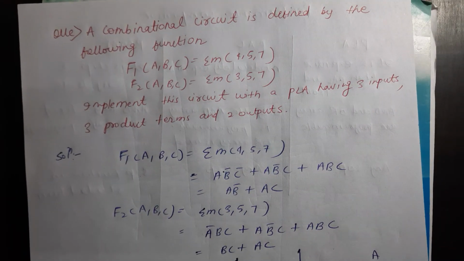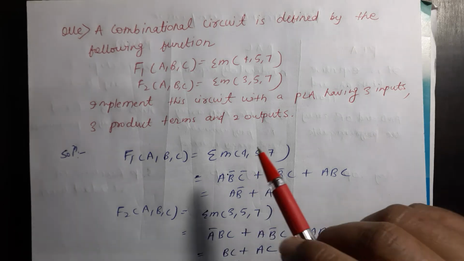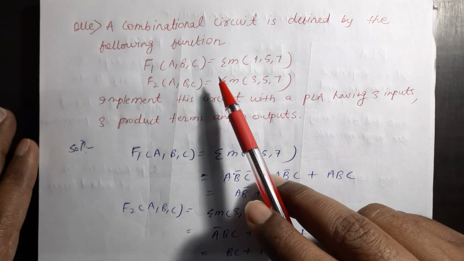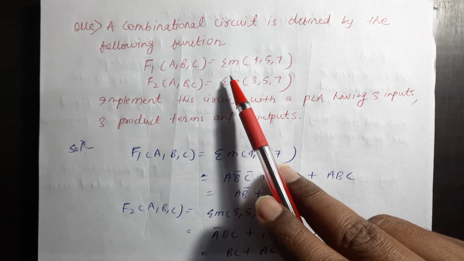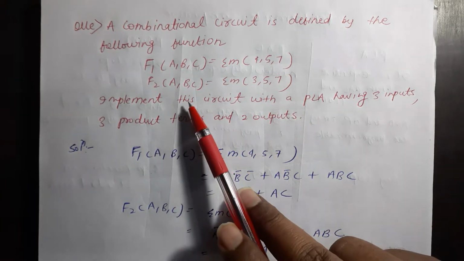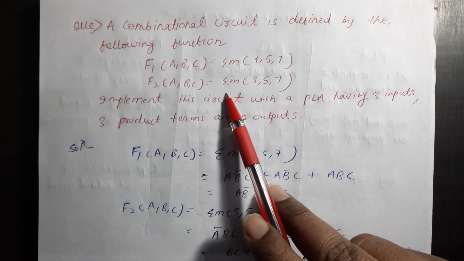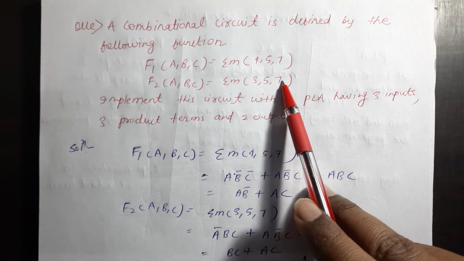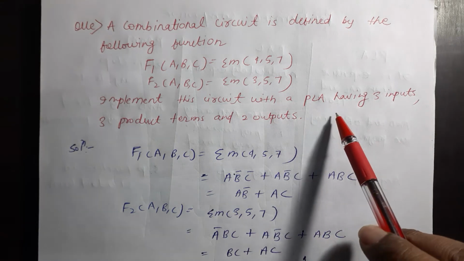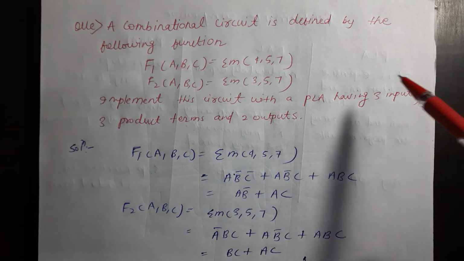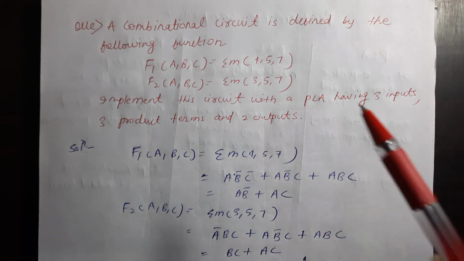Next is a question. A combinational circuit is defined by the following function: f1 a comma b comma c equal to summation of min term 4 5 7, f2 a comma b comma c equal to summation of min term 3 5 7. Implement this circuit with a PLA having 3 inputs, 3 product terms and 2 outputs.